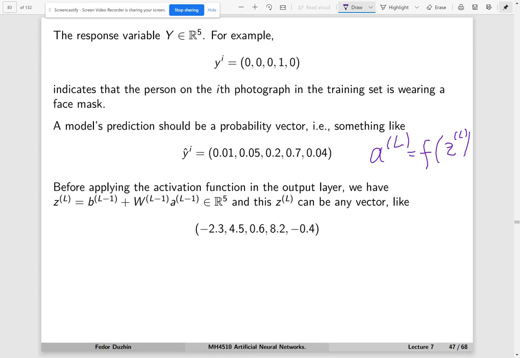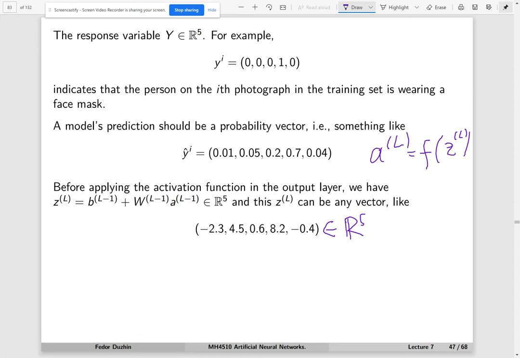And this ZL can be an arbitrary vector. Since in the end we want to get a 5-dimensional vector, it can be an arbitrary 5-dimensional vector. But it can be anything, right? It can have positive and negative numbers, so there is no restriction here.